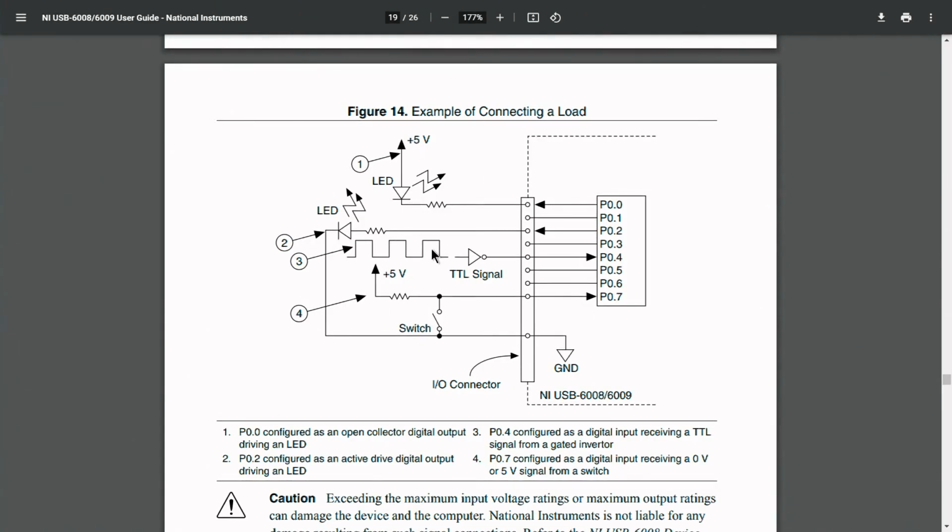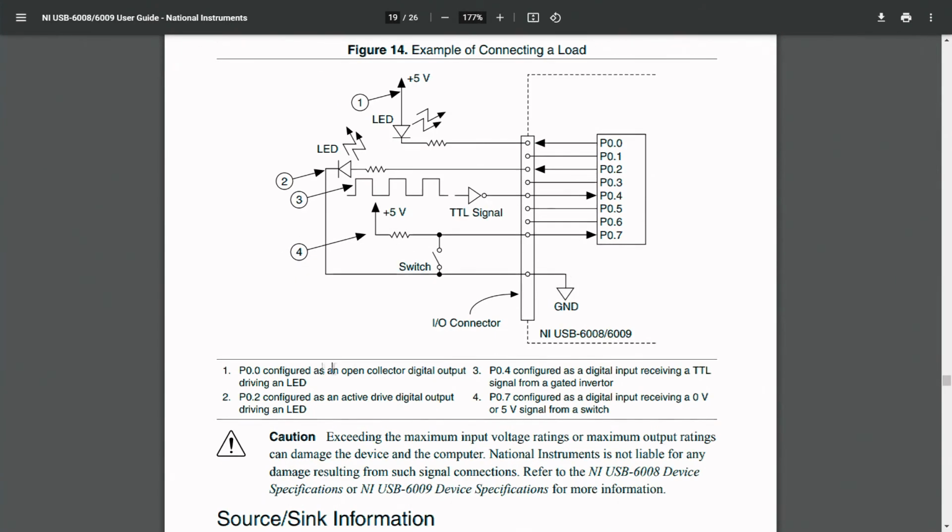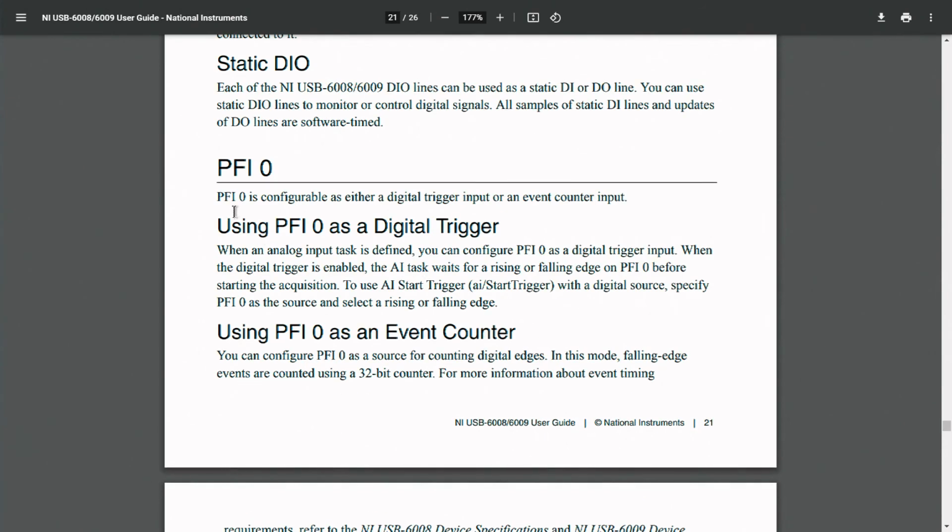The digital configurations, which can be used as both input and output, are interfaced as shown here, so complete information about how to interface can be seen. PFI0 is configurable: that particular pin can be configured as either a digital trigger input or an event counter input.